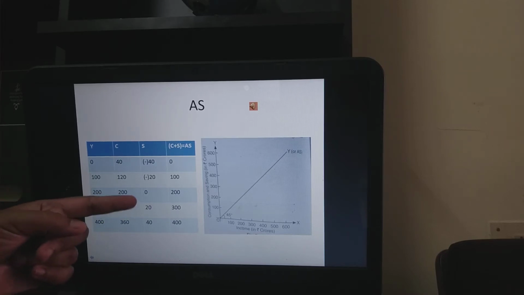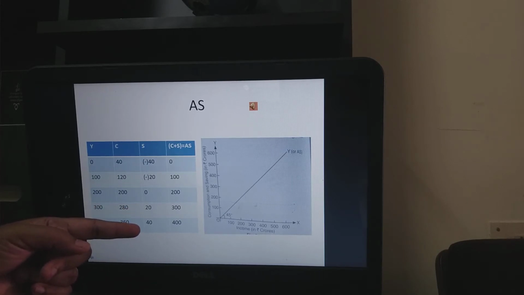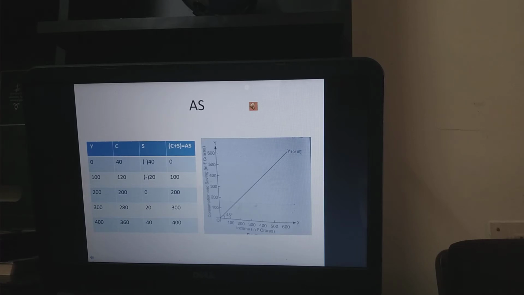So finally there is a positive savings here to an extent of 20 and 40, and this is because the essential requirements are already purchased by the population. The basic consumption expenditure is taken care of. So over and above that, the population wishes to save, or there is a positive saving.